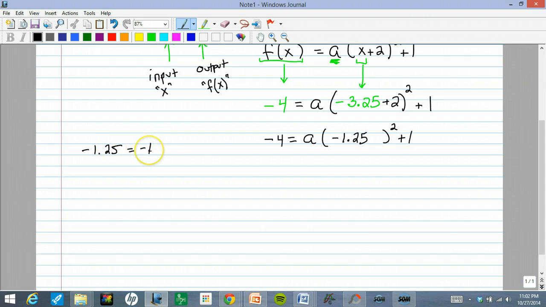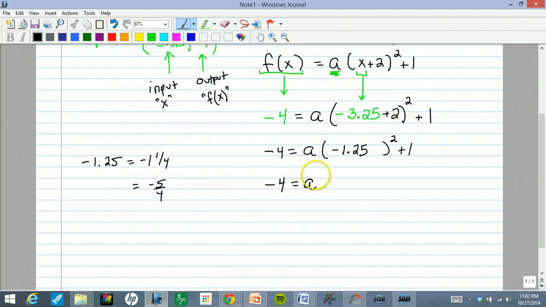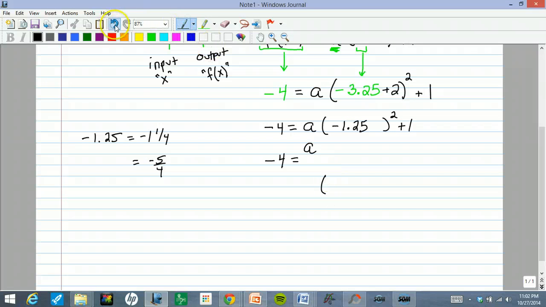So this is negative 1 and 1/4, which is negative 5/4. Right? If I don't have a calculator, which I don't right now, I'm better at doing operations with fractions over decimals. So I just converted negative 1.25 to negative 5/4. If you have a calculator, might as well just keep it in decimal form, but I don't right now.